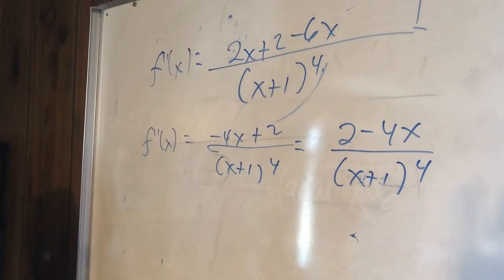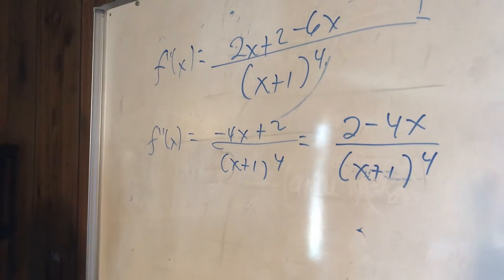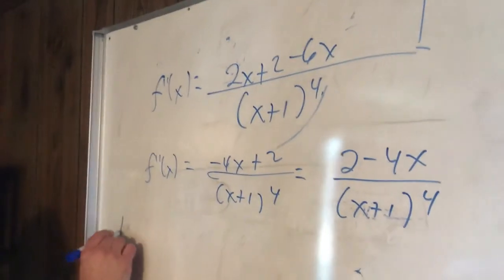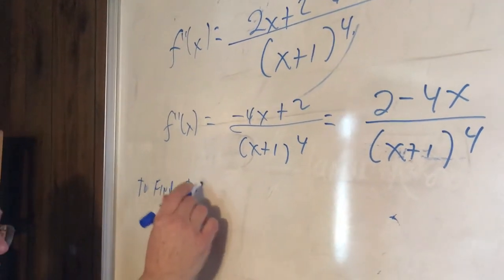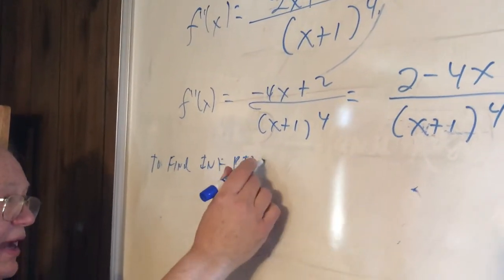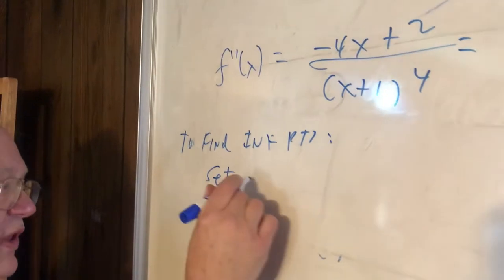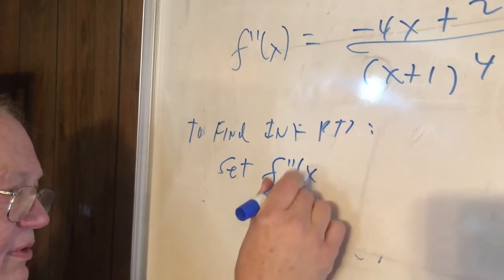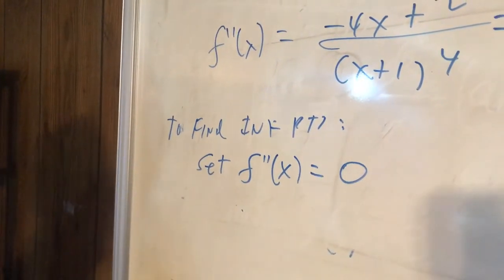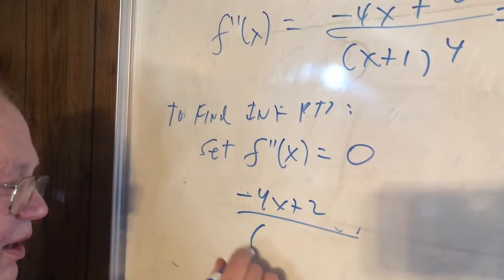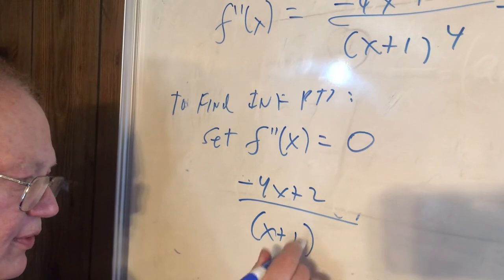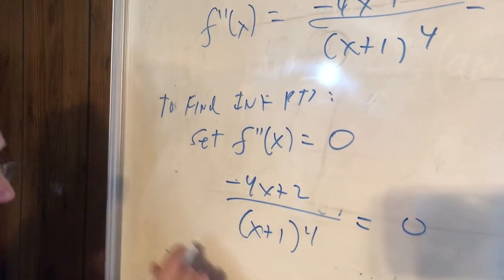Now this is the second derivative. In order to find my inflection points, I have to set the second derivative equals 0. So minus 4x plus 2 over (x plus 1) to the fourth equals 0.